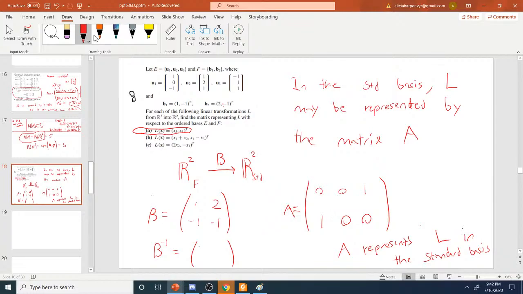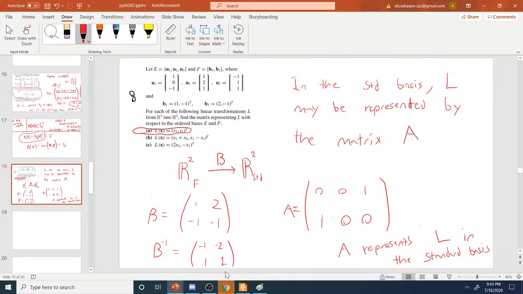I believe this becomes negative 1, this becomes positive 1, this becomes 1, and this becomes negative 2. Let me double check, make sure that works. I believe it does. Okay, so I have B inverse.